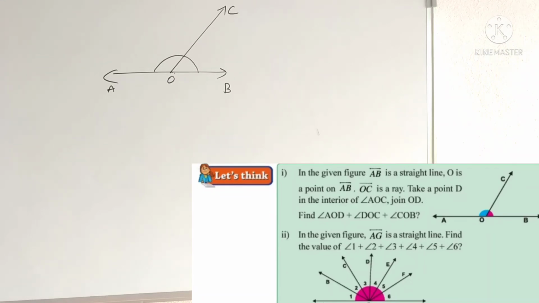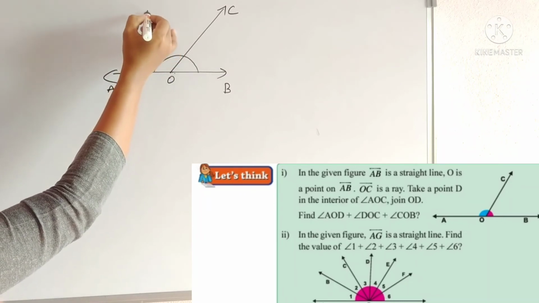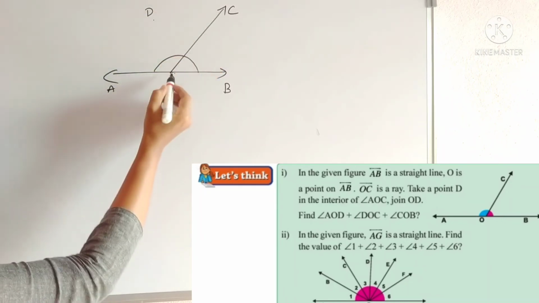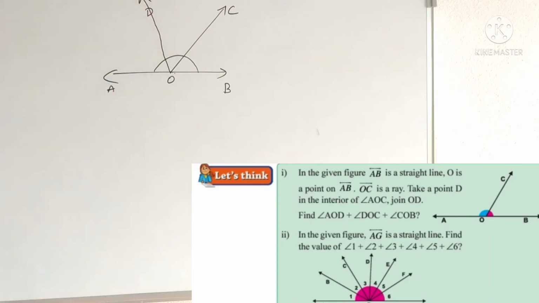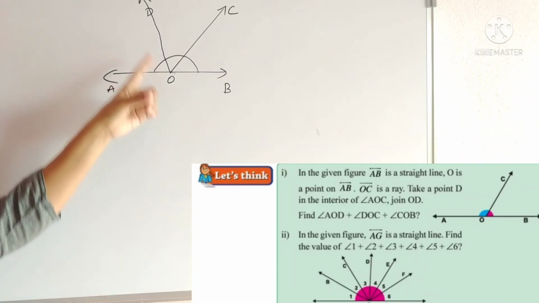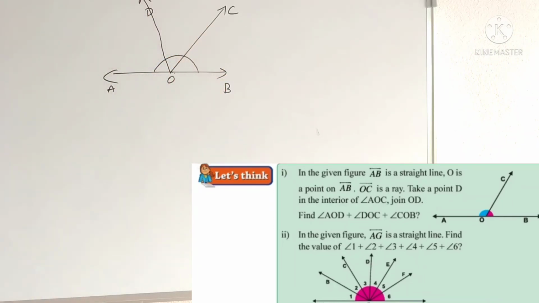Join OD. So now we take any point in the interior of this angle AOC and join O and D. Now the question, what is the sum of angle AOD, angle COD, angle COB?